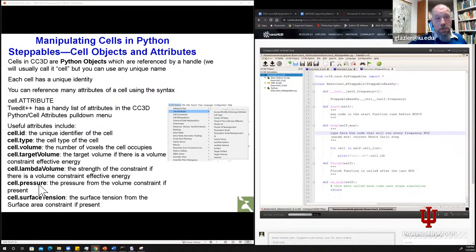Cell.pressure, that's new, is that pressure term, that pressure force that I defined before. Cell.surface tension is before. And there's a list.